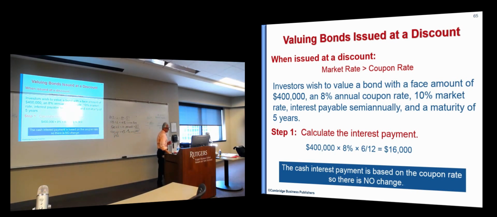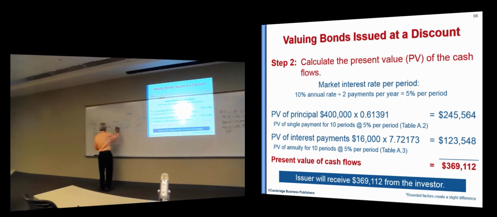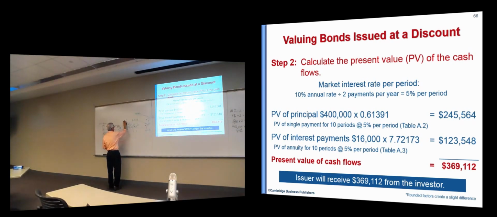So now, the present value, and we can use the tables if we want. Let's go through this again, and I'm going to show you what it looks like on the table. The cash flows don't change. What changes is the discount rate.